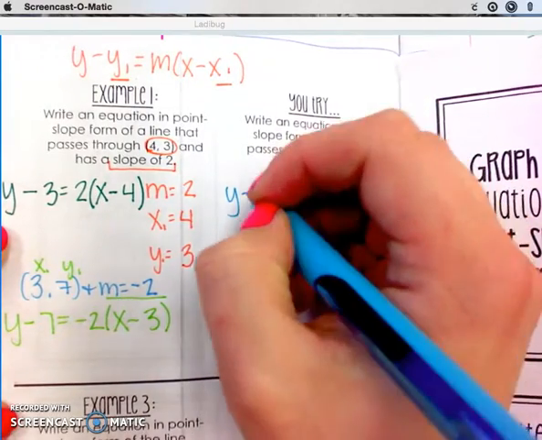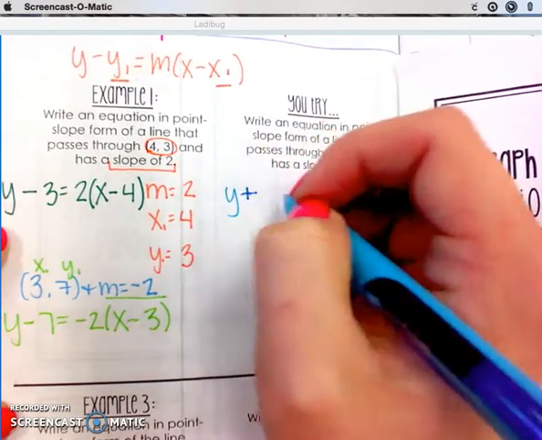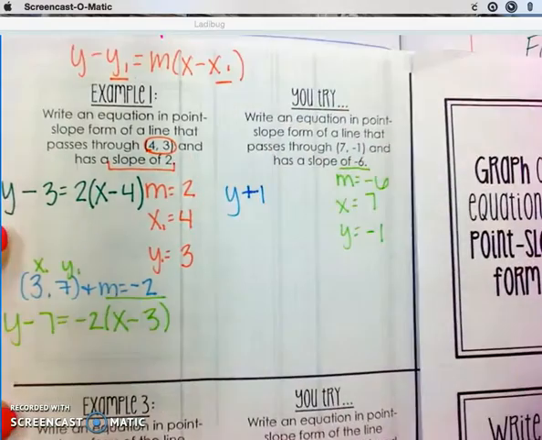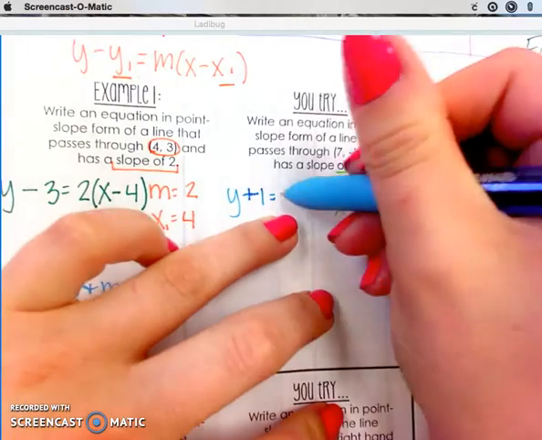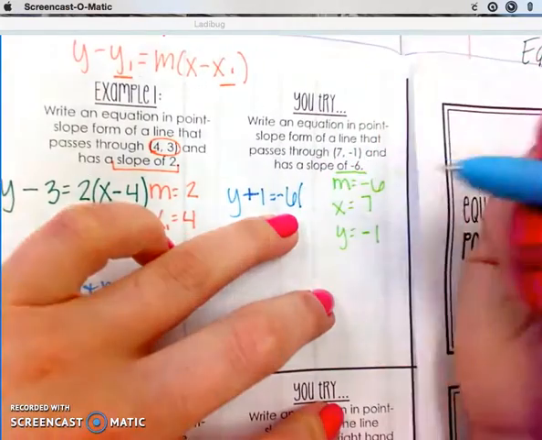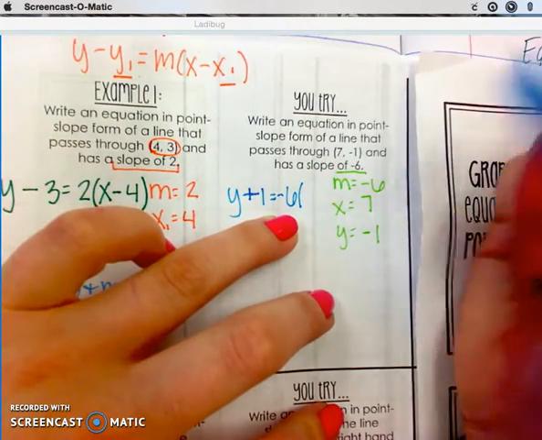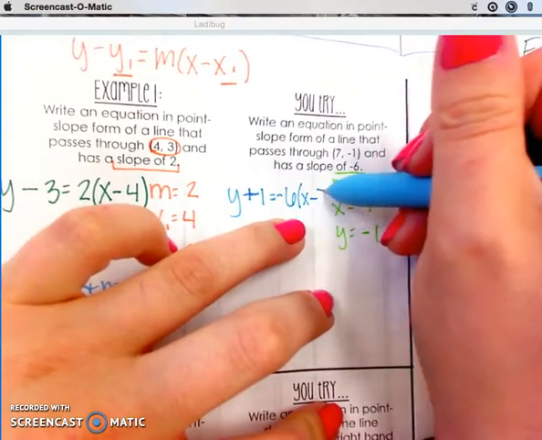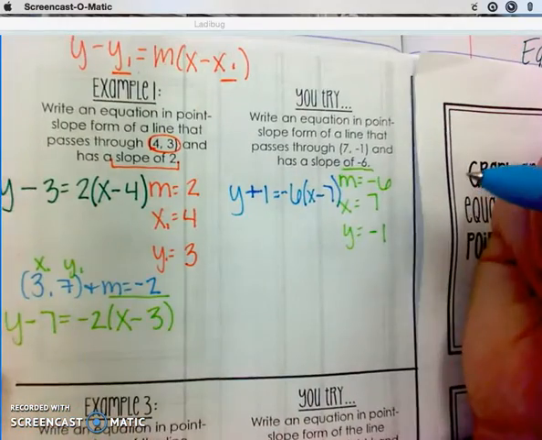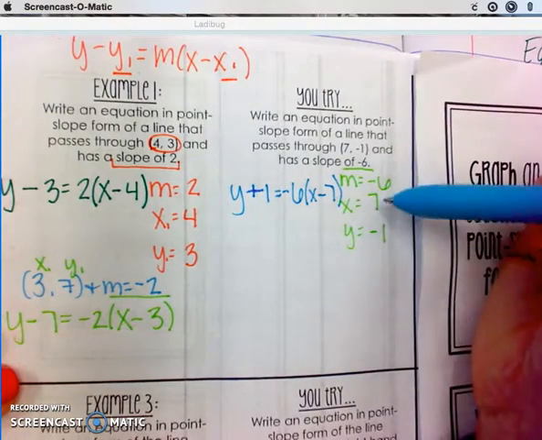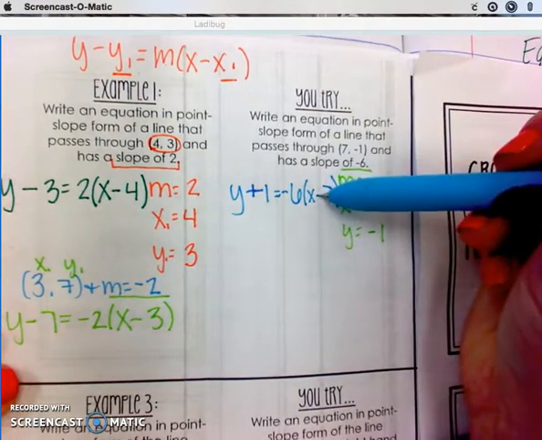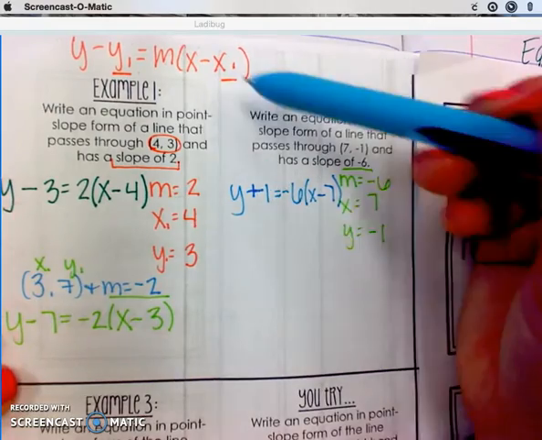We know minus a negative is the same thing as adding 1. And it's going to equal the slope of -6 times x minus 7. So if it is a negative, you're going to make it a plus. If it is a positive, we're leaving it a minus because that's part of the formula.